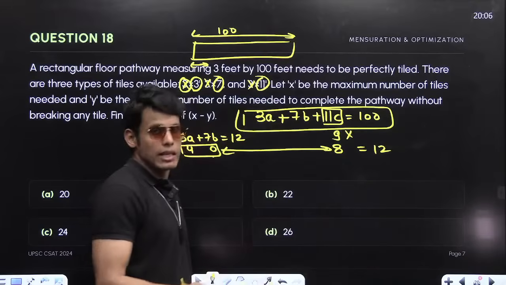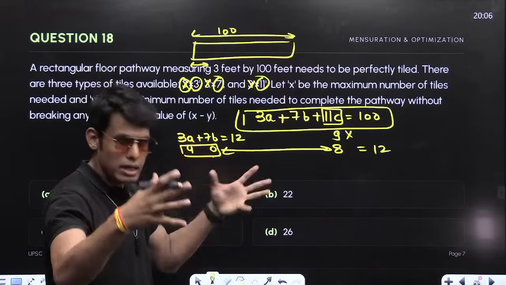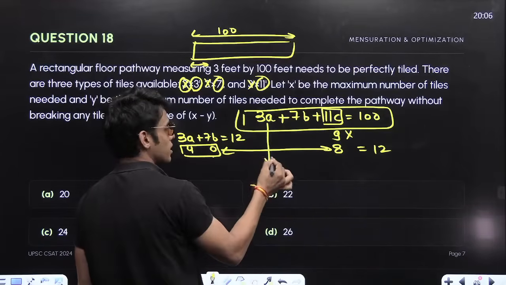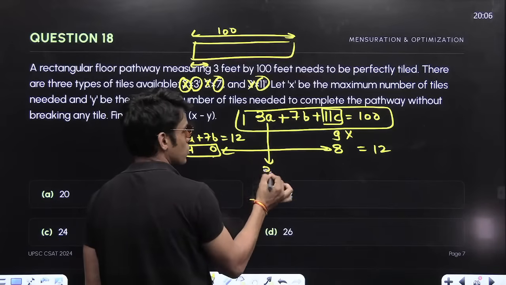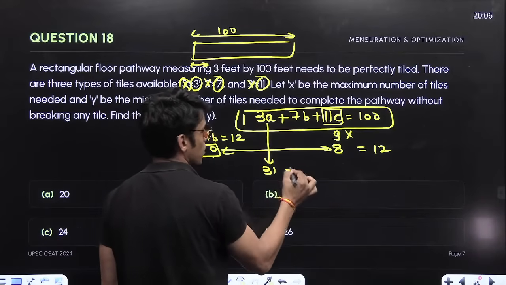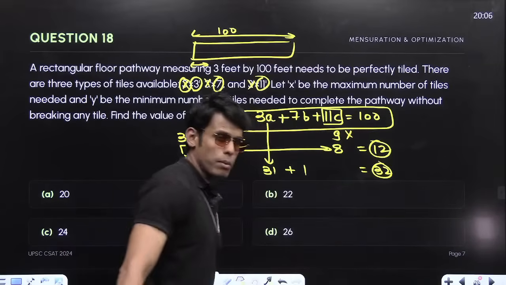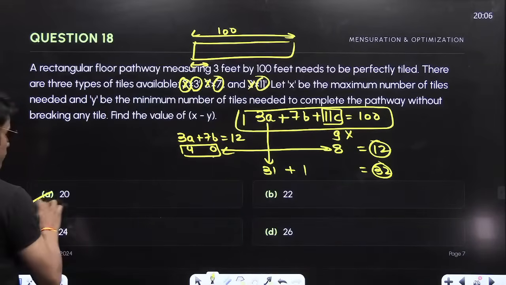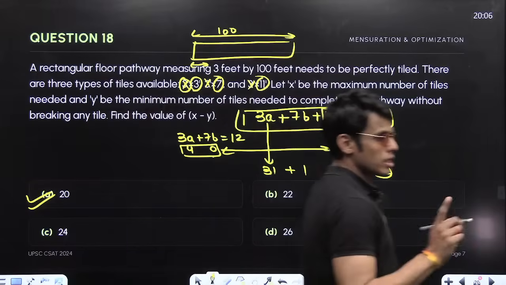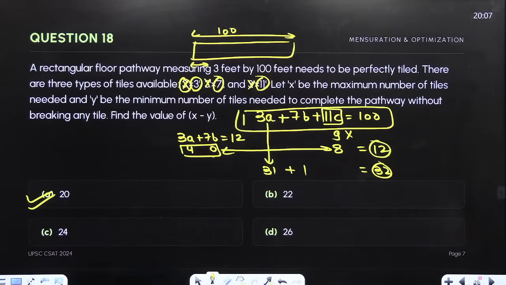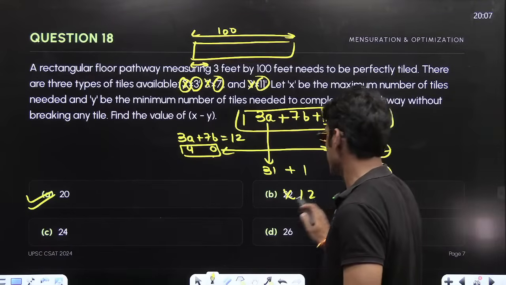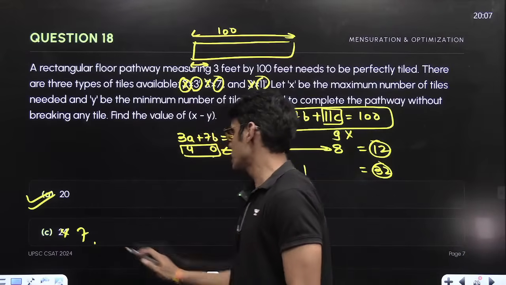And next is easy. If you want to maximize the number of tiles, then you have to increase the smaller tiles. So just use 31 tiles of this plus 1 tile of this. So 32 is the maximum, 12 is the minimum. The answer is 20. The options were 20, 12, 7 and 10.